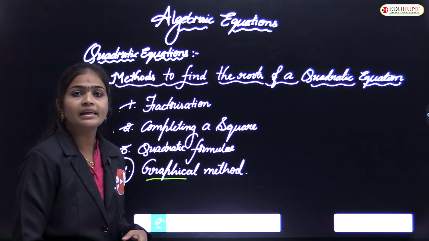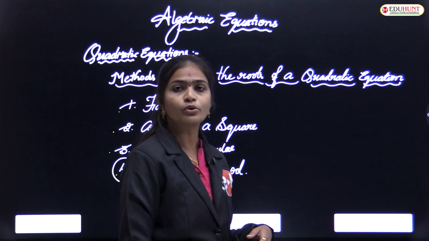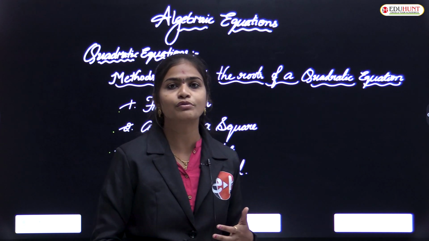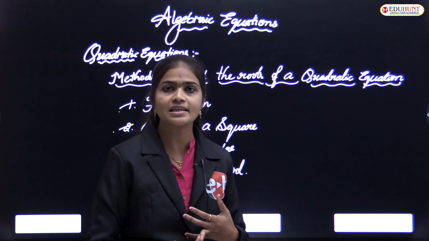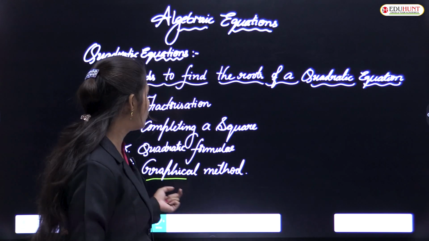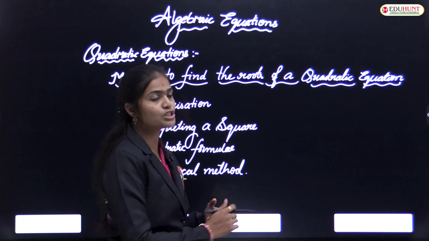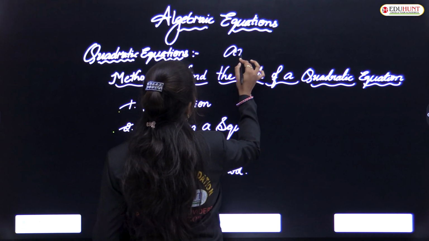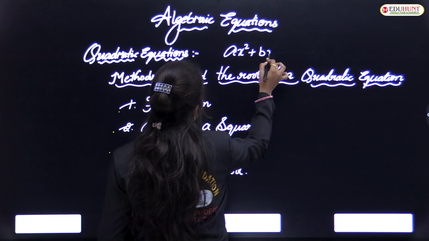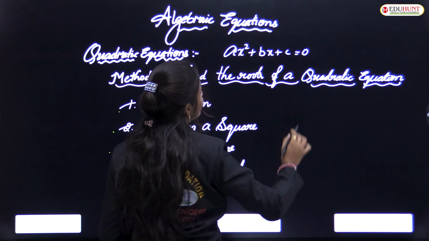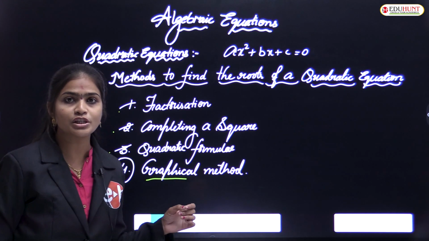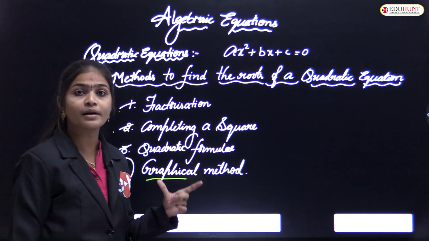Linear equations in 2 variables, I told you that the graph of a linear equation in 2 variables represents a straight line. But what about a quadratic equation? A quadratic equation is in the form ax square plus bx plus c equals 0, no? The graph of a quadratic equation represents a parabola.